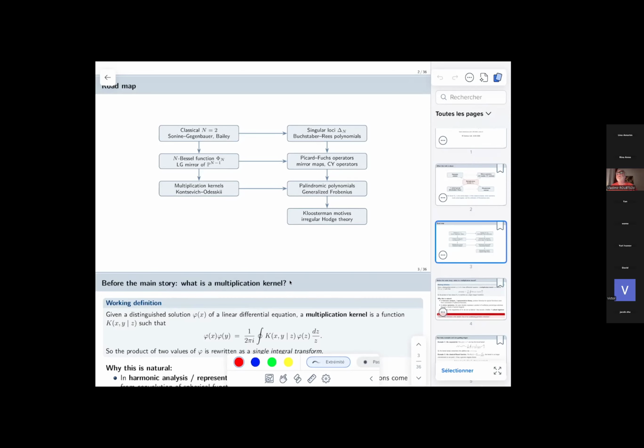I will speak about this very briefly and probably say some conjectures, which are now no more conjectures. In the last months of my stay at IHES, I proved these two conjectures. In this paper, it is still conjectural, but now it is no more a conjecture. And then I will speak just very briefly, maybe one or two minutes, about future possible application to Kloosterman sums, motifs, and irregular Hodge.